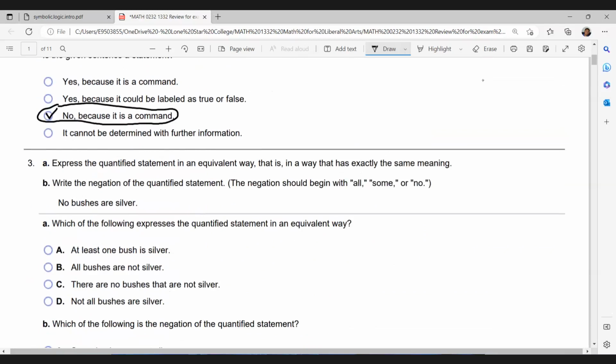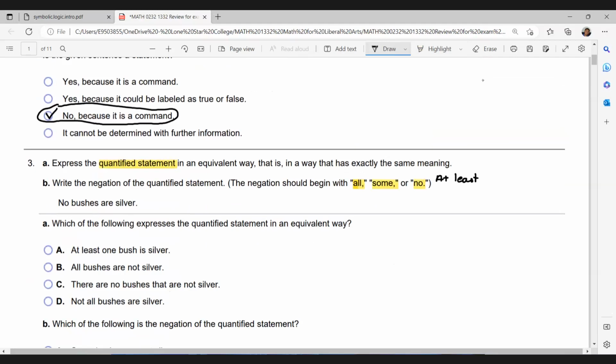So we have something called quantified statements. A quantified statement will have words like all, some, or no. It could also have the words at least.